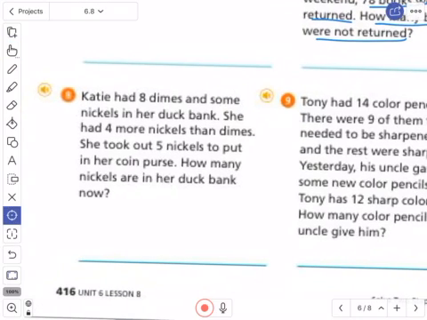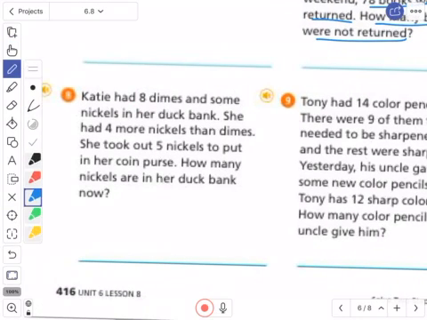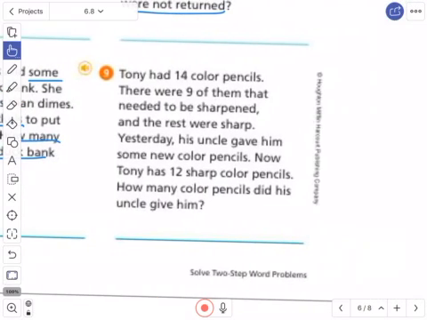Number 8, Katie had 8 dimes and some nickels in her duck bank. She had 4 more nickels than dimes. She took out 5 nickels to put in her coin purse. How many nickels are in the bank now? That's a great problem.